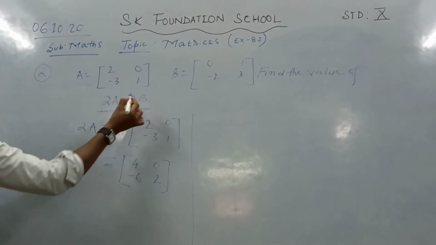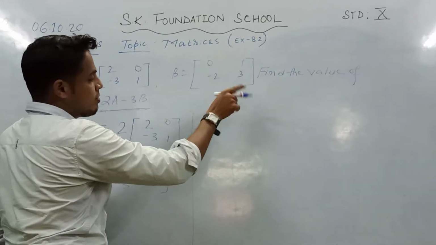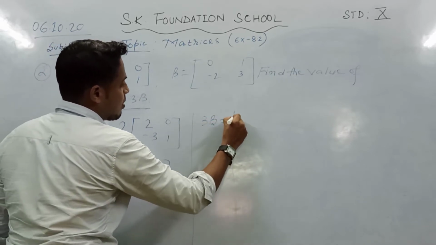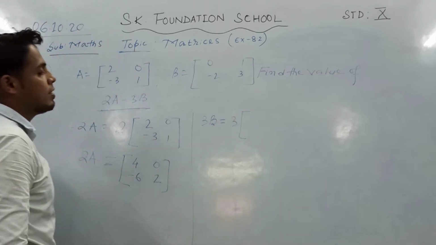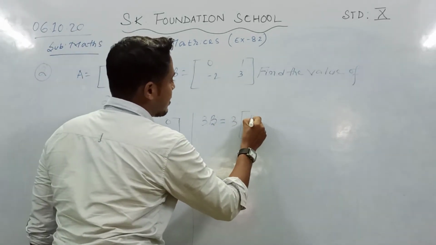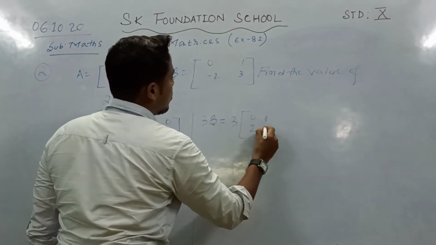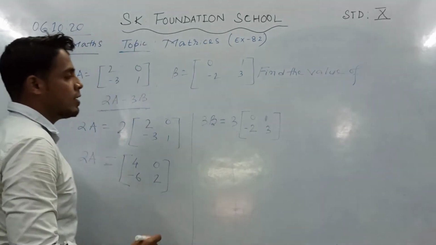Next, 3B. This matrix B is multiplied with 3. Matrix B is 0, 1, minus 2, 3.